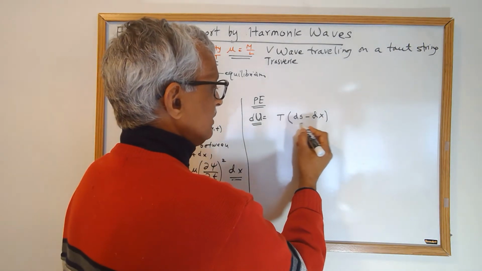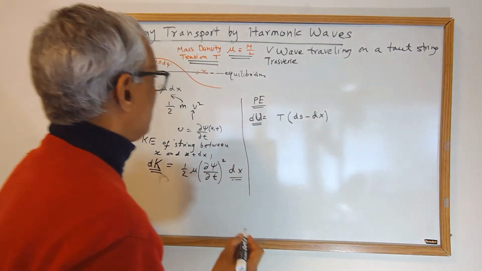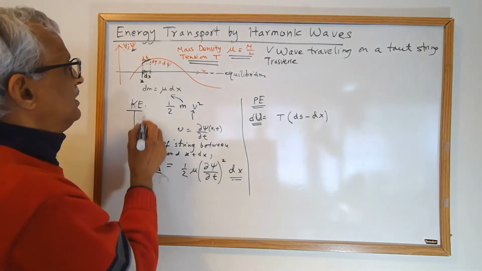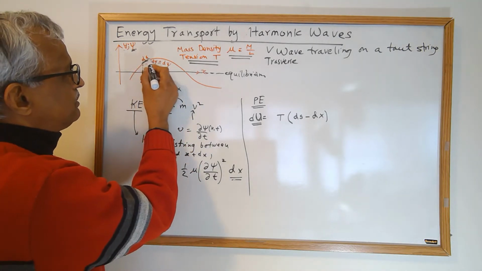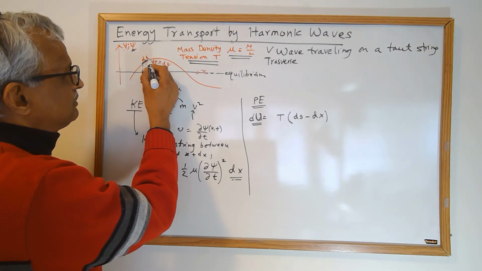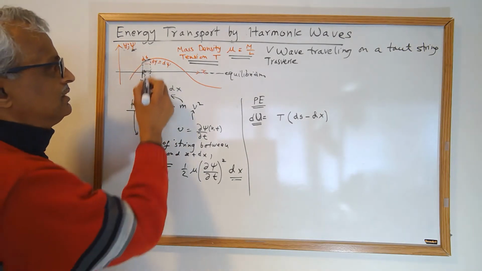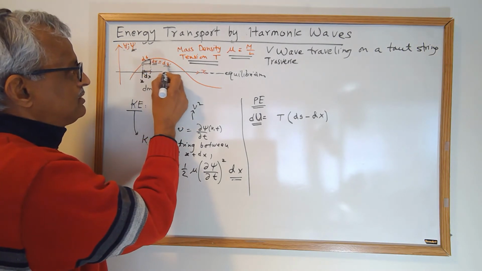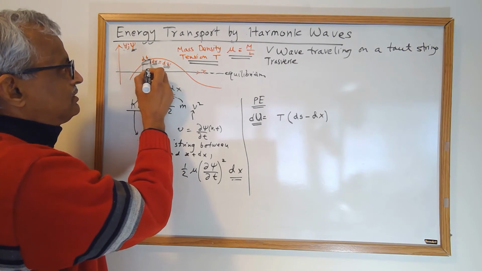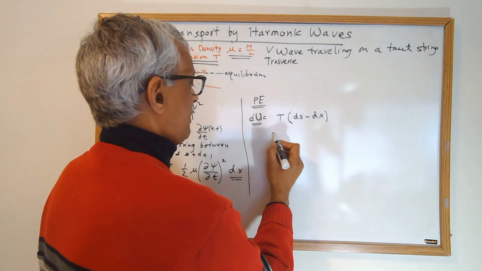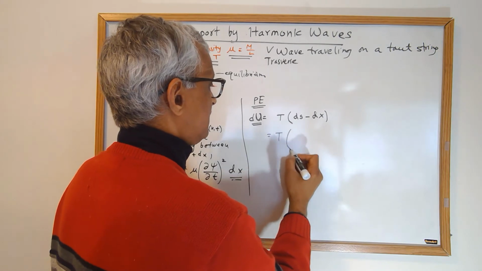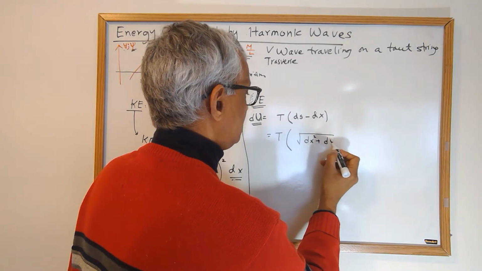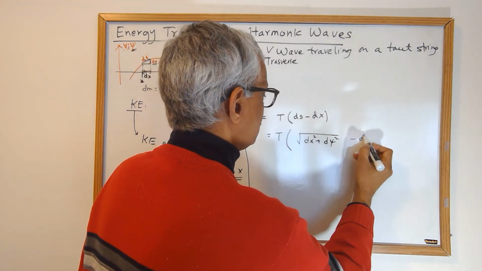The task is to figure this one out in some reasonable way. Okay, so what's ds? We can approximate it to be linear there because it's infinitesimal. This side is d psi, and this side is dx, so dU is T times ds, where ds is the square root of dx squared plus d psi squared, minus dx.